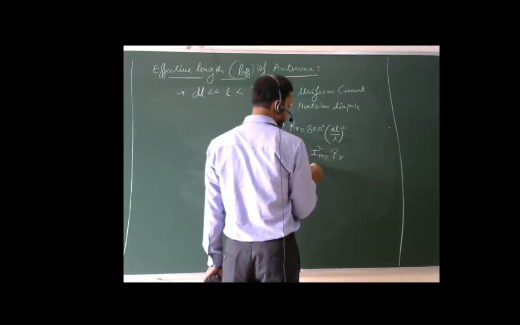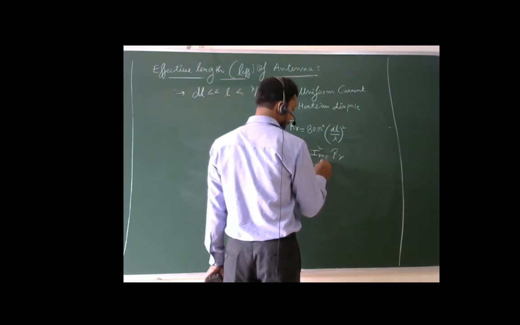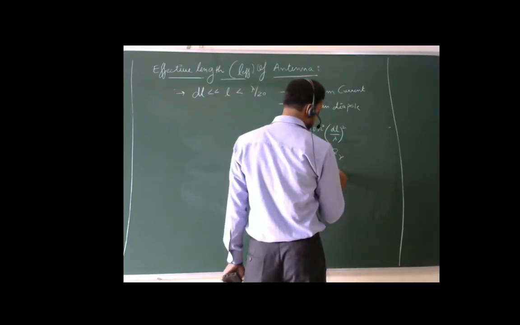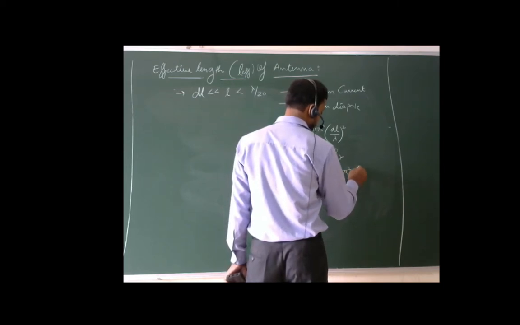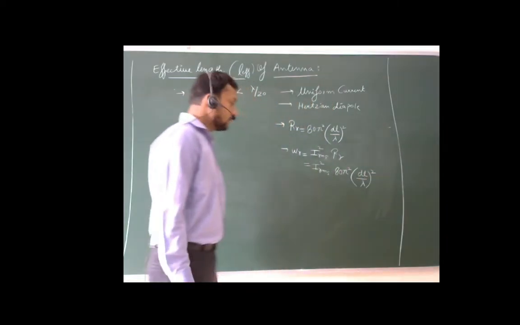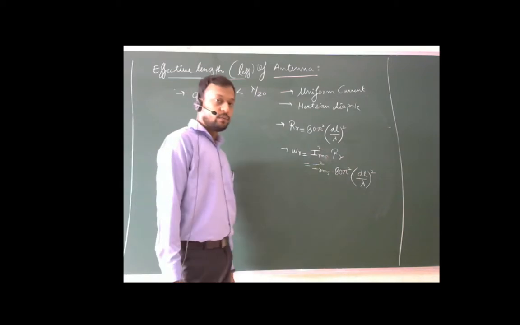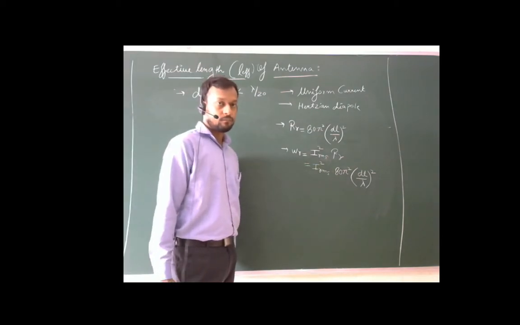So this will give you 80 pi square dl upon lambda whole square. So this is the total power in this condition and the radiation resistance for the uniform current, that is the length of the antenna less than lambda by 20.